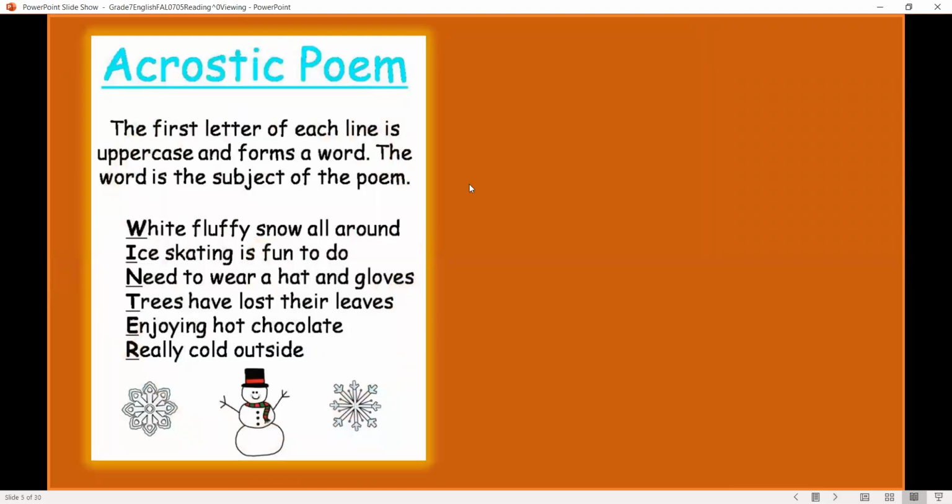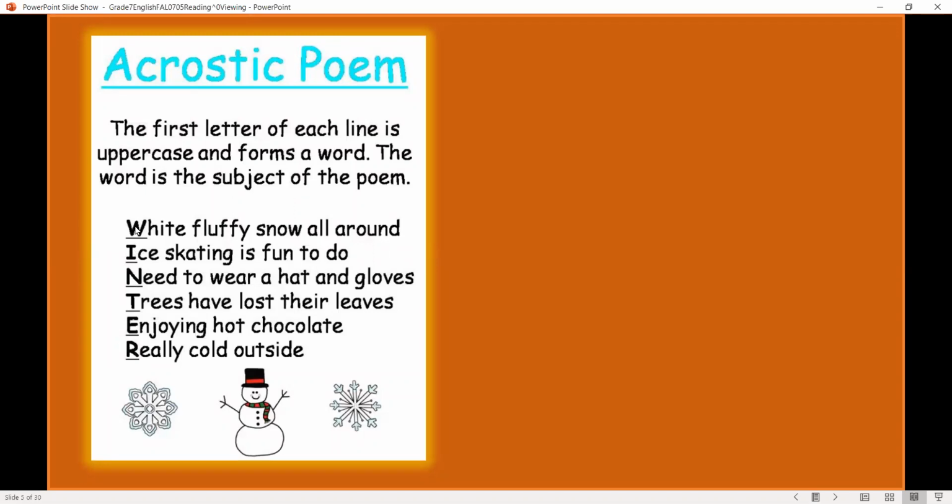So remember this, acrostic poem. This is when we use the first letter of each line and it's uppercase and it forms the word. So the word is the subject in the poem. For example, if you look at the capital letters on each line and you look and you see how bold they are, they even underline them in this example.